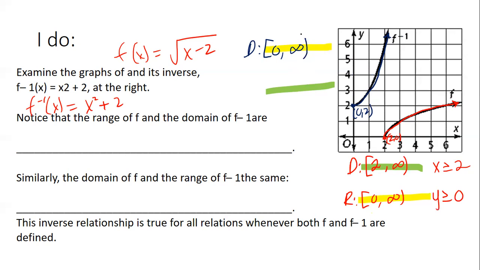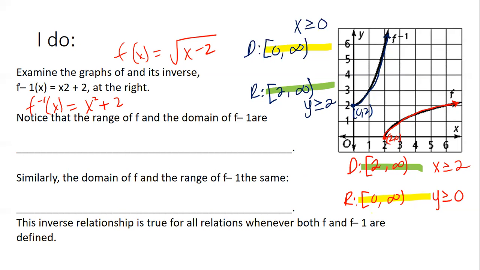So the domain here is x is greater than or equal to 0. The range, what is my smallest y value? 2, and it keeps going forever to infinity. So y is greater than or equal to 2. Okay, does that feel familiar? No one feels like that's brand new, right?